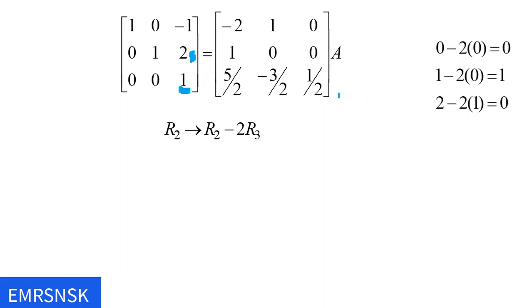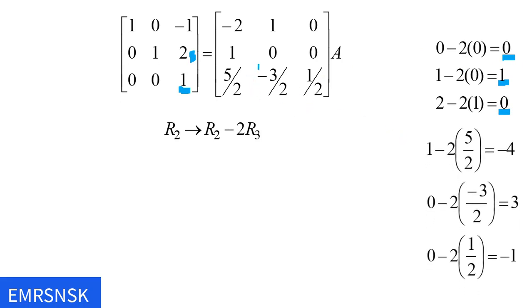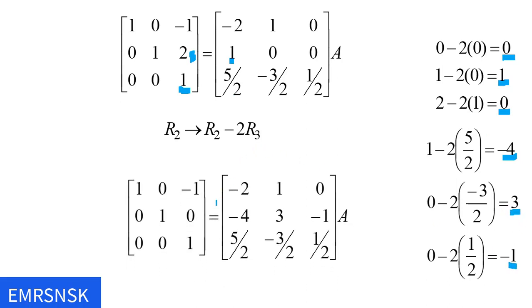So this will reduce to 0, 1, 0, and similarly on RHS this will give me 1 minus 2 times 5 by 2, it will give me minus 4, similarly 3 and minus 1. Okay, now only one thing is remaining.